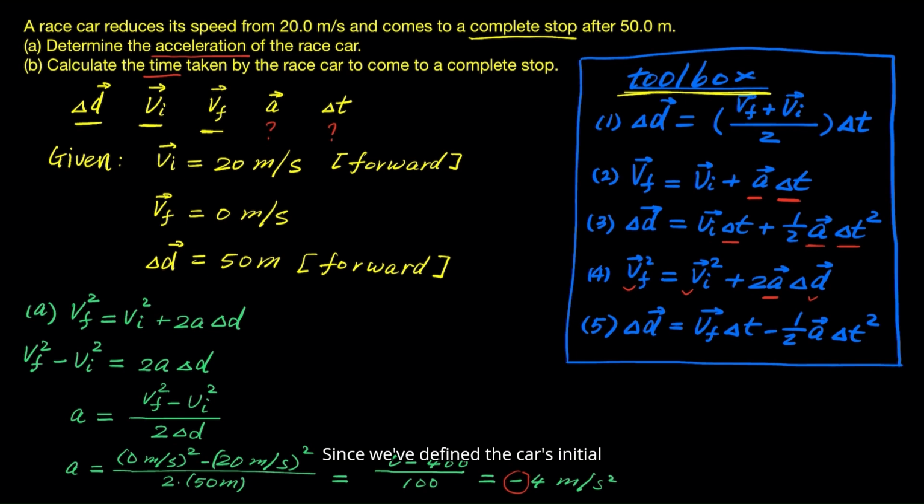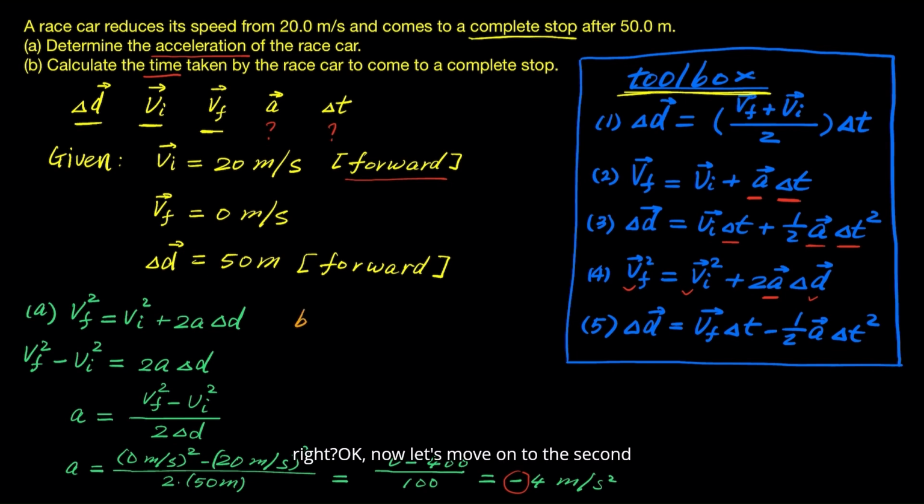Since we've defined the car's initial velocity as forward, the positive direction, a negative acceleration means the car's acceleration is backwards, or the car is decelerating, slowing down. That makes perfect sense because the car slows down to a complete stop, right?